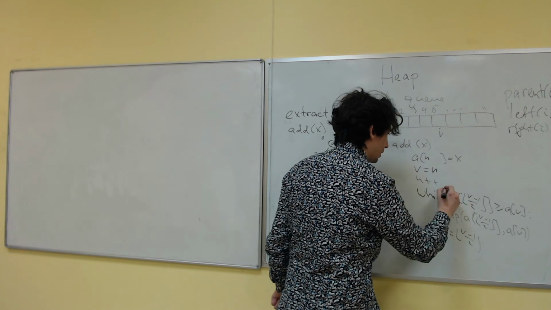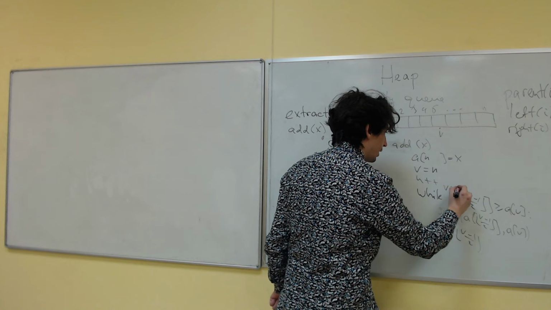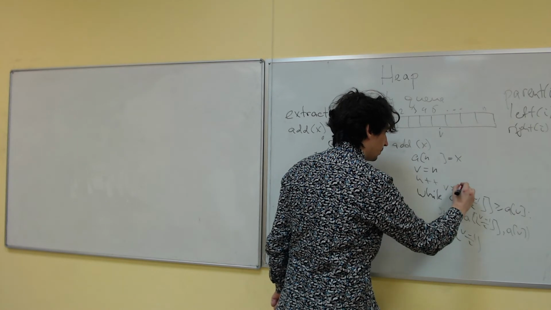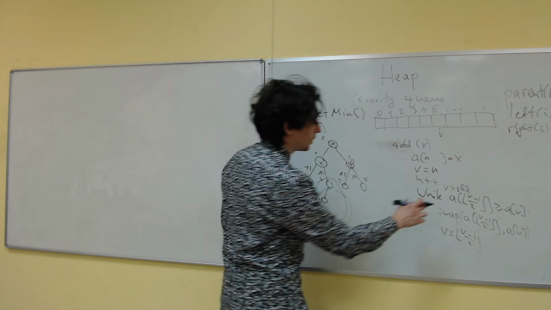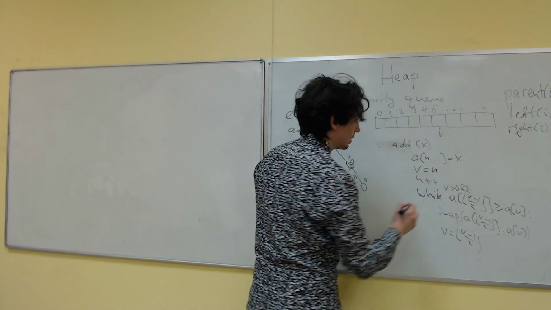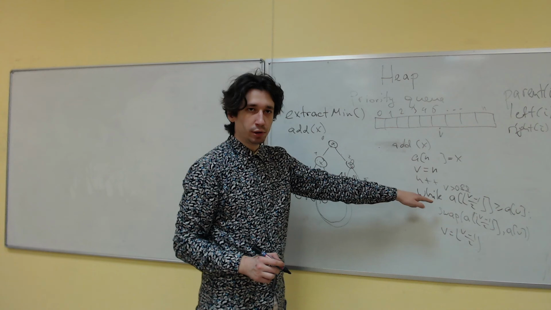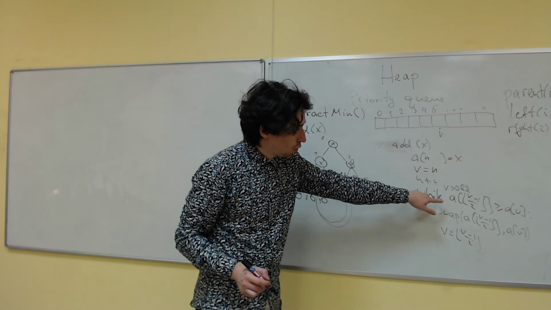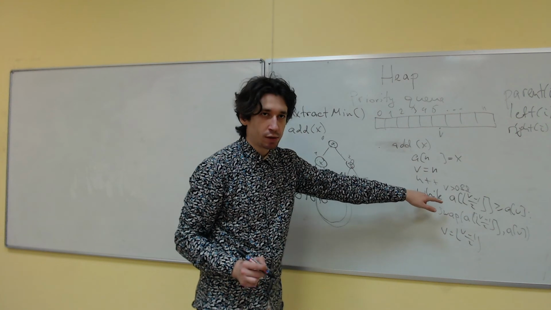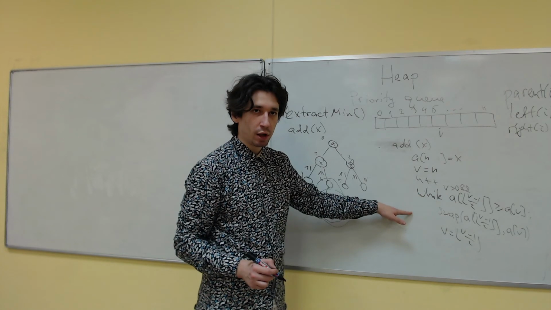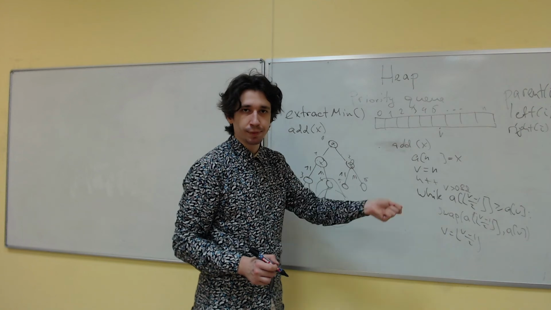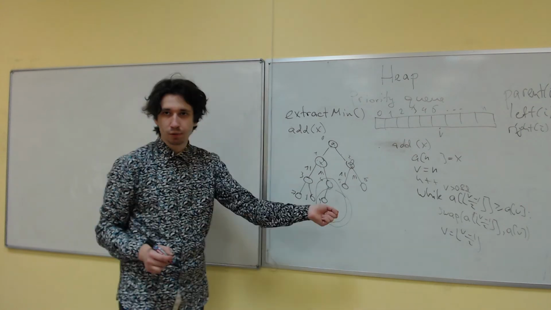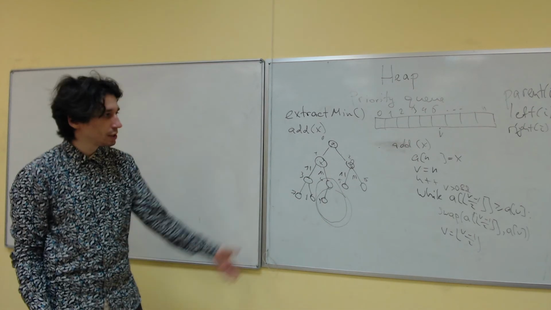And of course, while v is bigger than 0. So this means that while we are not at the root and we are less than our parent, we swap the values there and go to the parent. There is nothing non-trivial. So this is how add works.